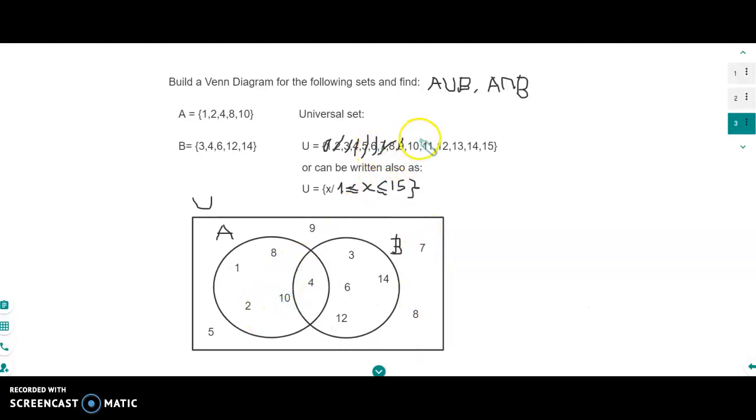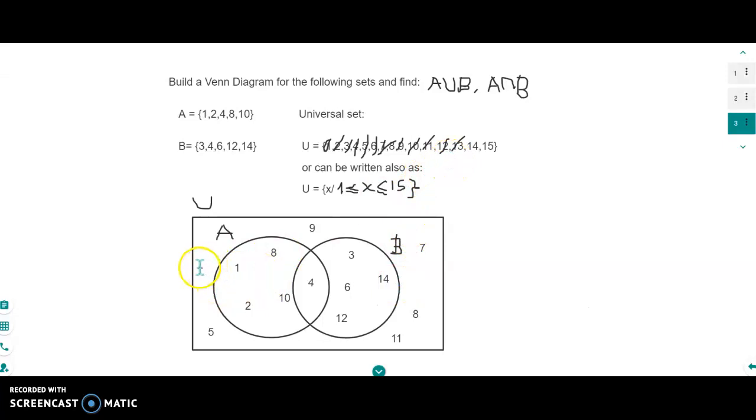10 is already in A. 11 is not included, but we have to write it here. Let's write it here, 11. Okay. Now 12. 12 is already in B, so we don't have to write anything. 13 is not in any set, so we have to write it in the box.